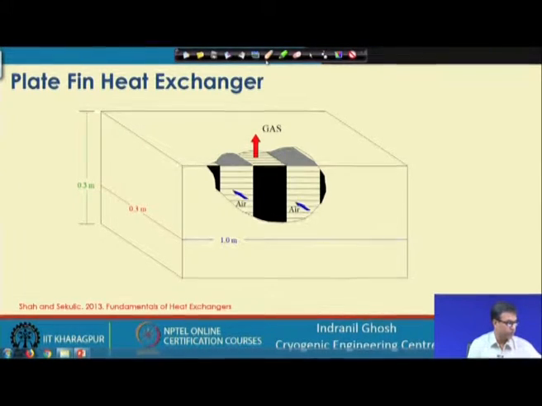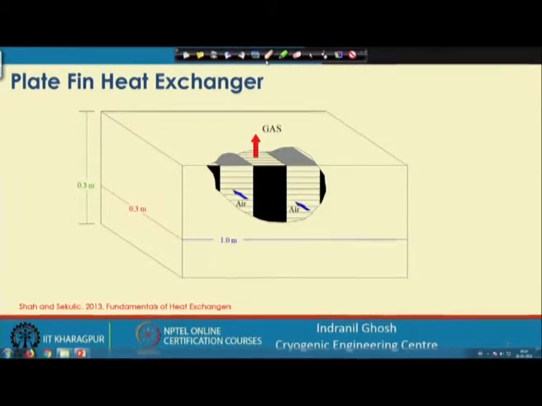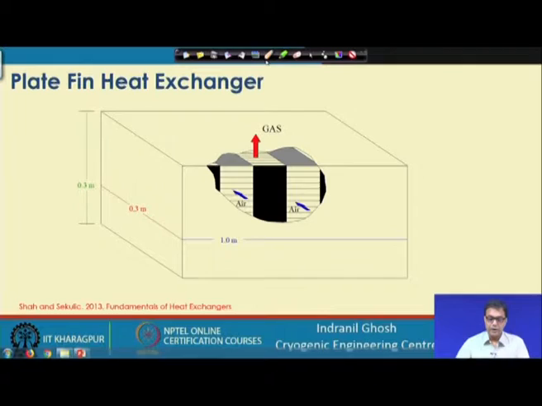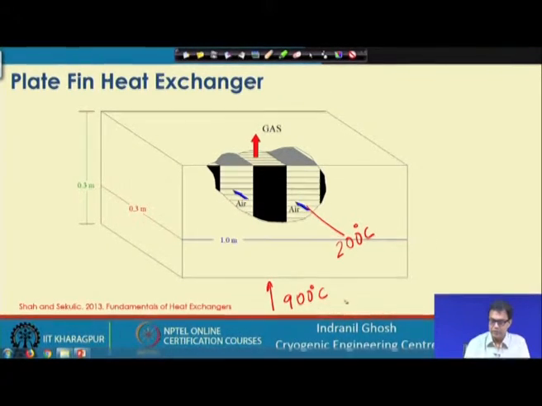Now, we can try to find out what is called the Reynolds number. But before going to the Reynolds number, we need to calculate the different fluid properties. We know that this air is entering at 200 degree centigrade, whereas the gas was entering at 900 degree centigrade, and we know the corresponding pressures.